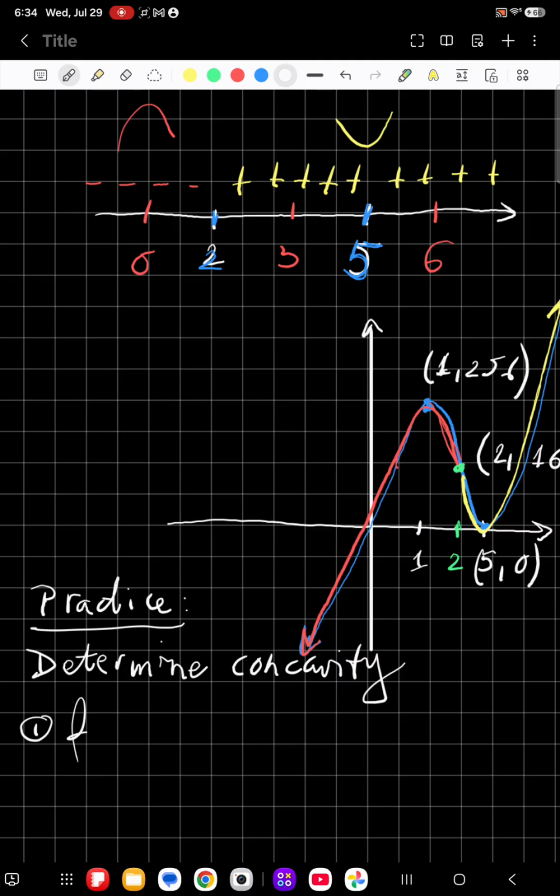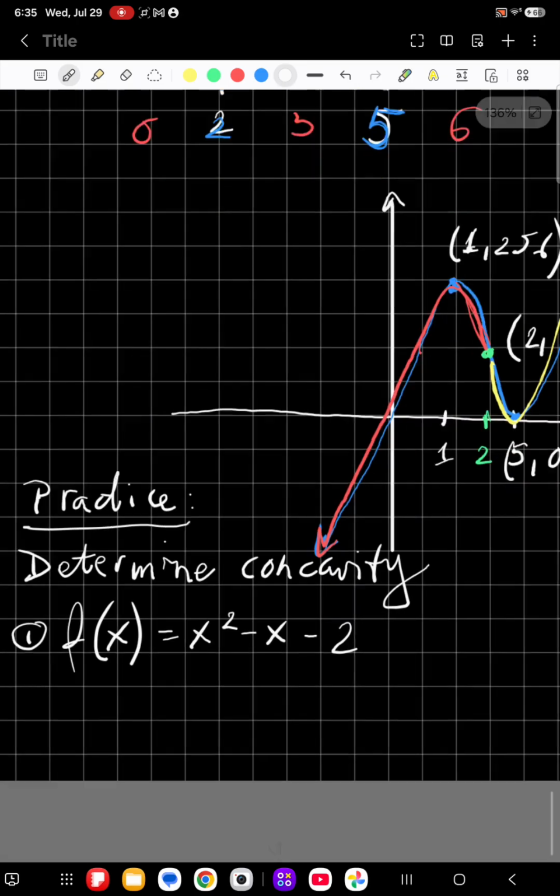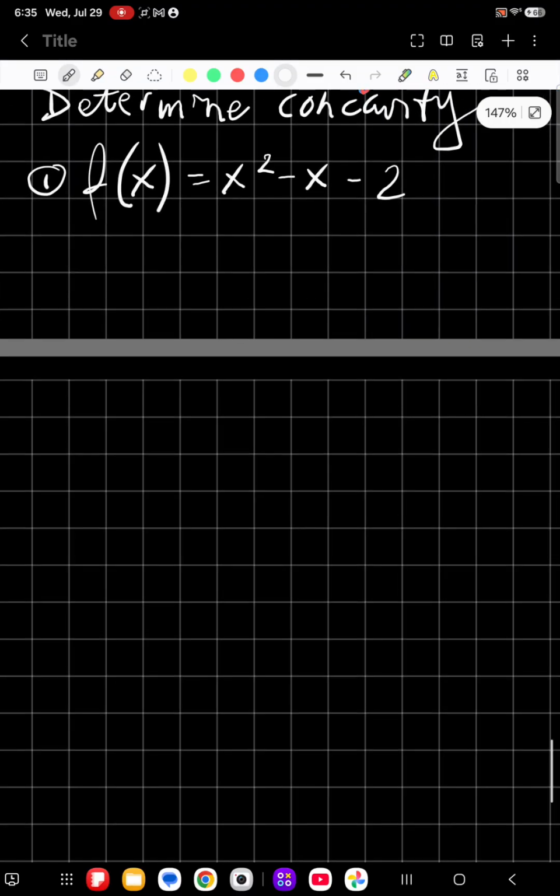Right, so intervals of concavity. The first problem is quite easy, but still go through the whole process just to practice that process. First derivative, second derivative, right? x squared minus x minus 2. Okay, so that's the first problem. And I'll write the solution down there.